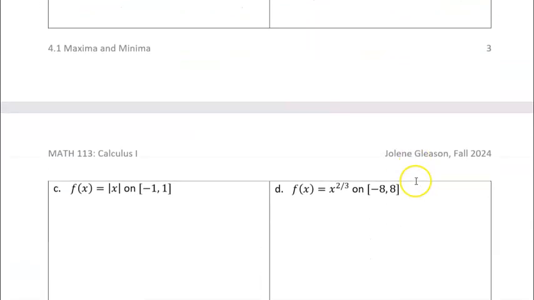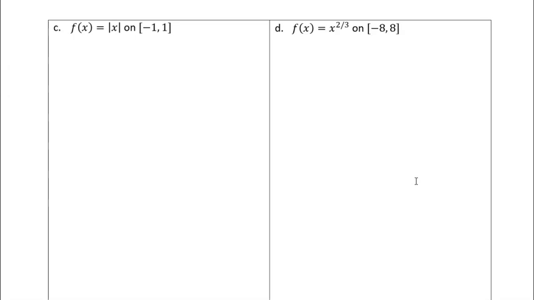We got a couple more here. C. Now this one's a little different. We have an absolute value function, and remember that we can define it as a piecewise function, because how do we take the derivative of an absolute value? We haven't learned how to do that. But if we define it as a piecewise function, it's equal to x for x greater than 0, because when x is positive, we can just leave the value as it is.